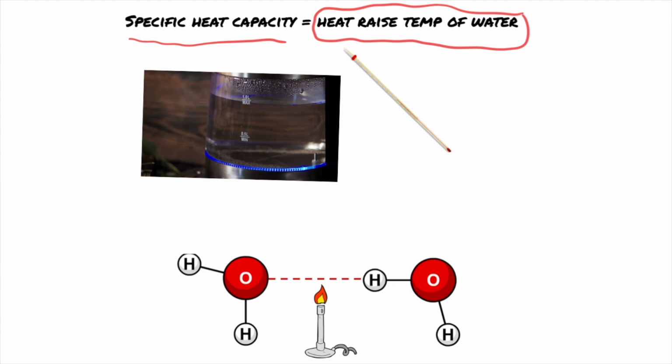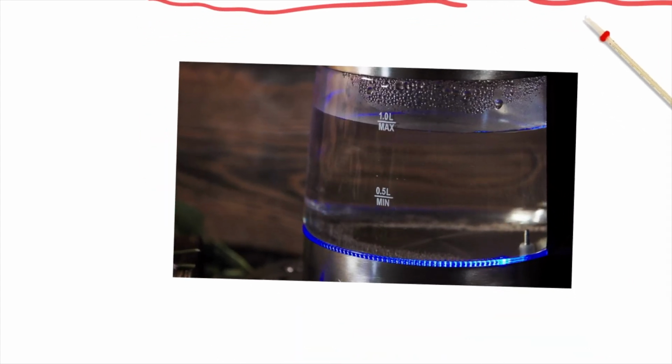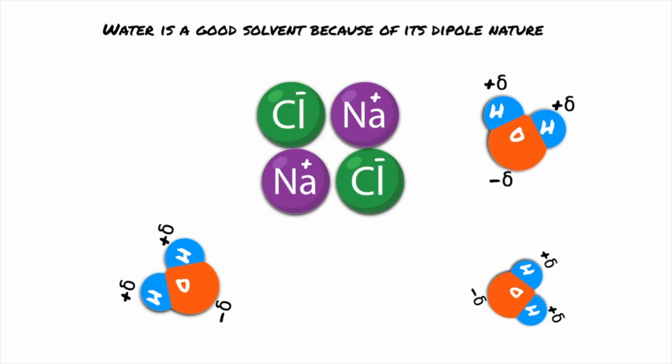In the case of water, it takes a lot of heat energy to raise the temperature by 1 degree Celsius, for the same reason. It's because of the hydrogen bonds. You need to break those hydrogen bonds that exist between water molecules to raise the temperature of water.